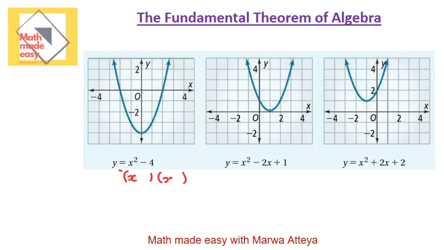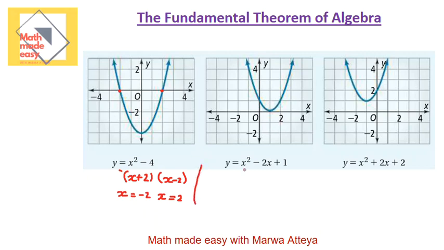Now I have x and x, and we know that this is the difference between two squares, so that's plus 2 and minus 2, and I can tell that the roots, or the zeros, are x equal negative 2 and x equal 2. Let's check on the graph here. Yep, we have x equal 2 and x equal negative 2. So we found two real zeros.